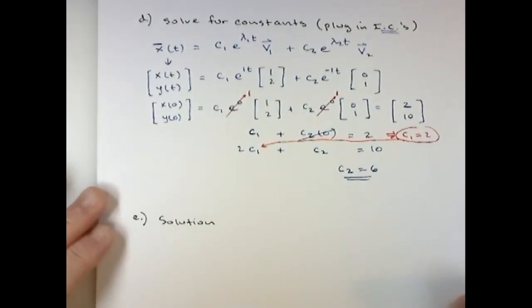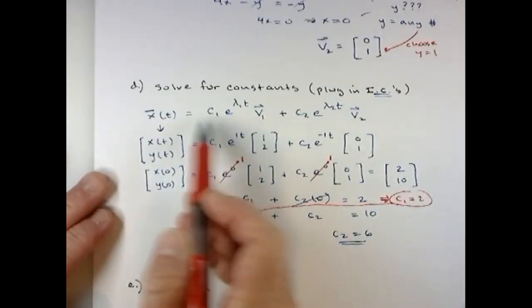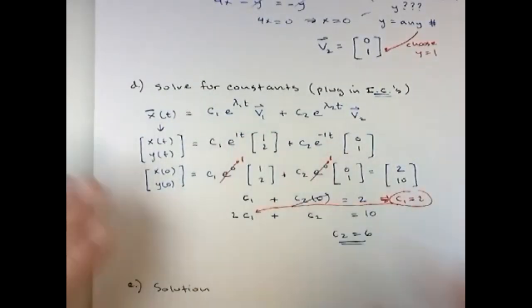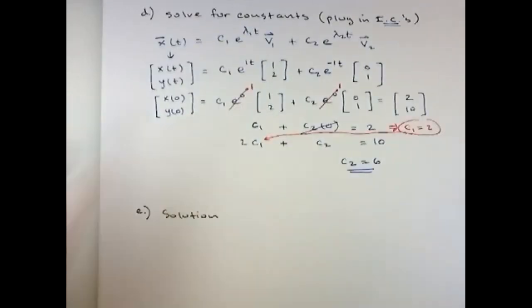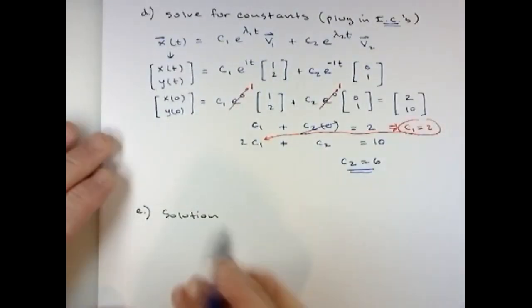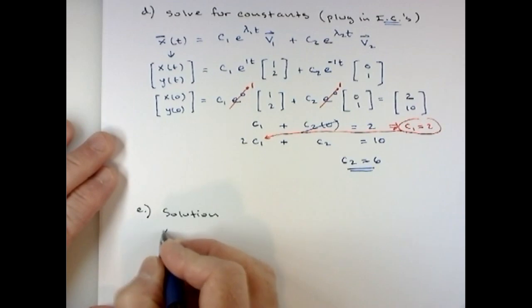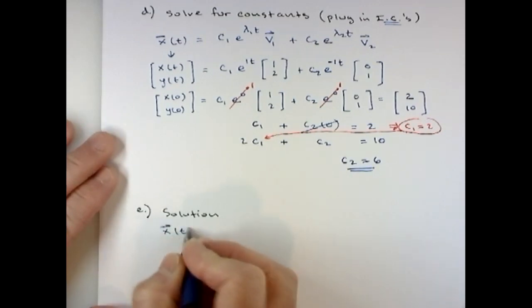So now we can go to our particular solution, and all we're doing here is rewriting this solution with our constants there. I'll start with the way they'll usually write it in the book.